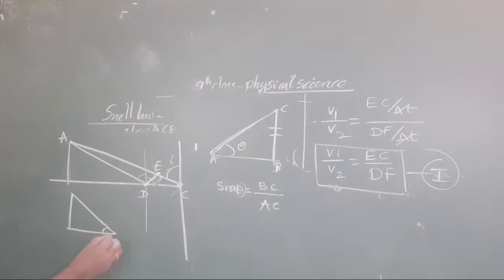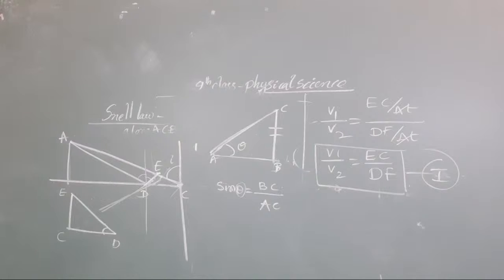Here it will be treated as D, E, C. This is the triangle I have taken. Otherwise you will not get it clearly. So one triangle you take like this: E, C, and D.